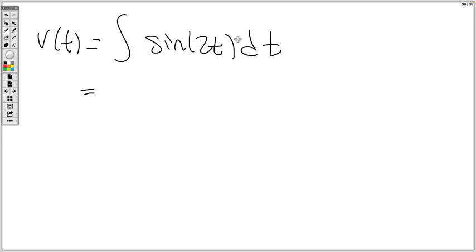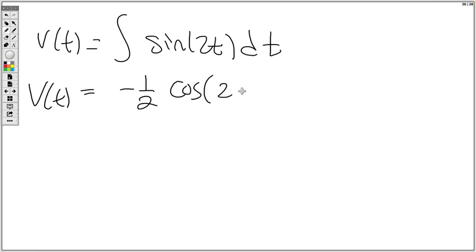So this is going to be what then? Negative 1/2. We got to tack on a what? C.